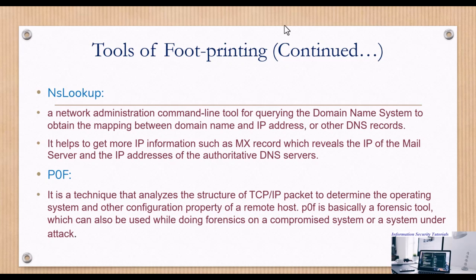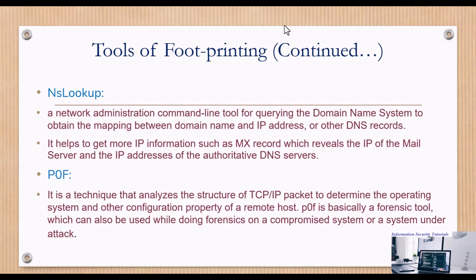It is also used to get the IP addresses of the authoritative DNS server, because any organization has an authoritative DNS server, which is responsible for answering the queries of the employees. So knowing information about that authoritative DNS server is very important to later control the traffic of the employees and so on.